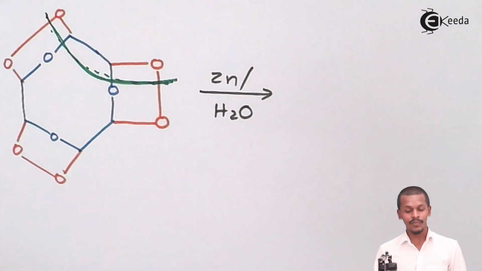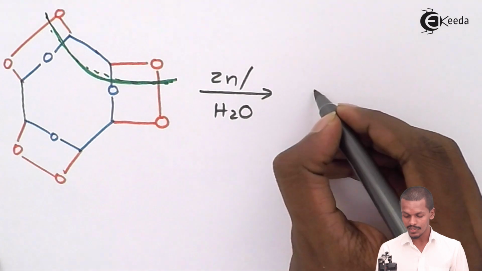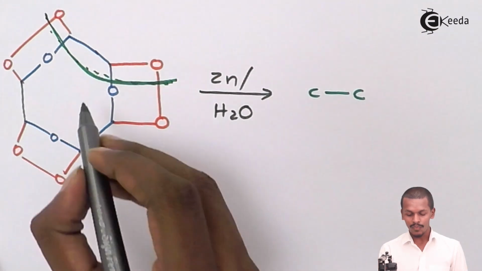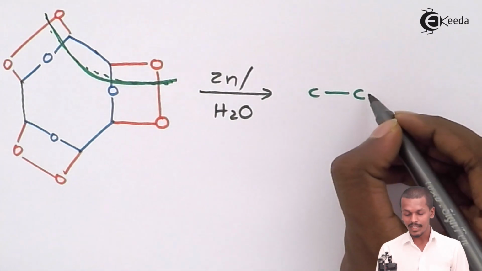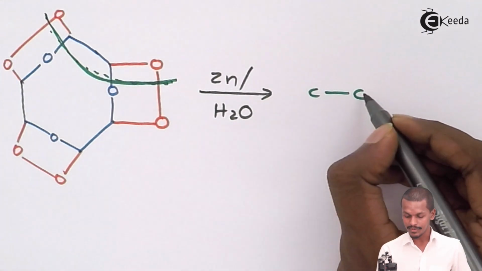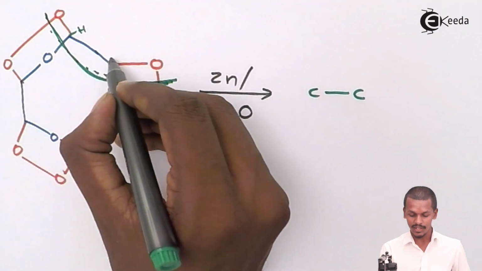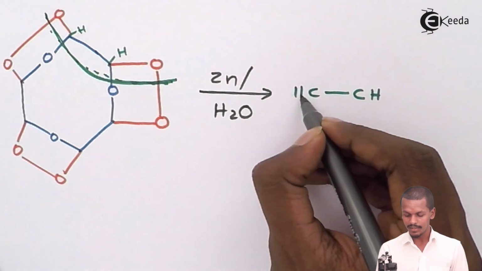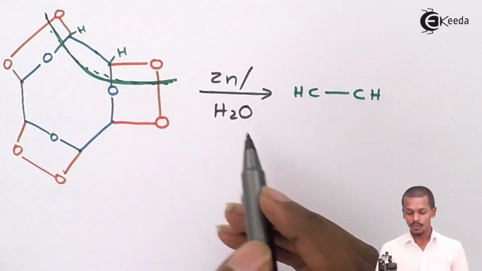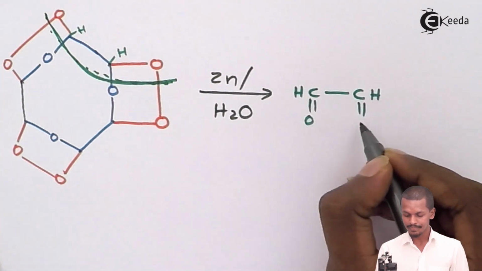The product that we obtain consists of two carbon atoms attached to each other, along with hydrogen atoms. Here it is hydrogen that is involved, and here also a hydrogen atom is involved. So the hydrogen atoms would be involved in this manner, and this oxygen would be turned into an aldehyde group or a carbonyl group, as you could see.